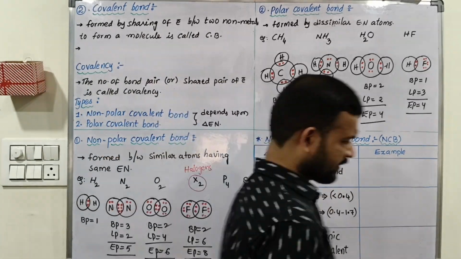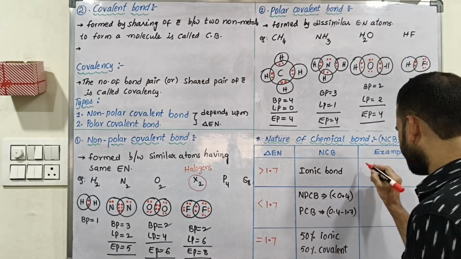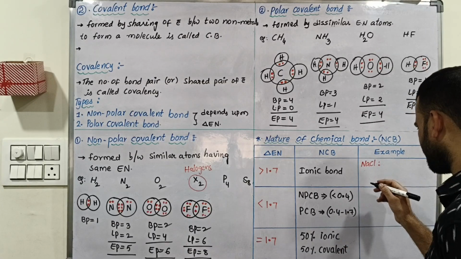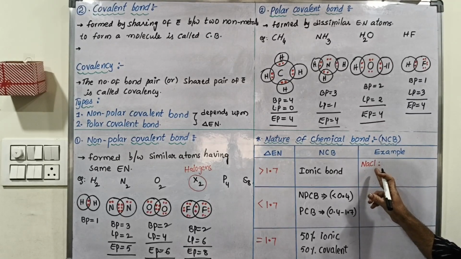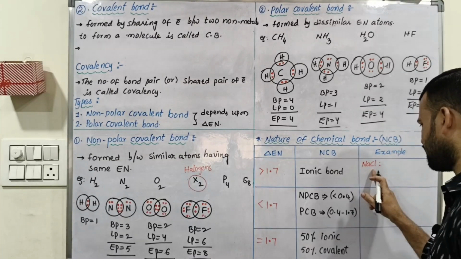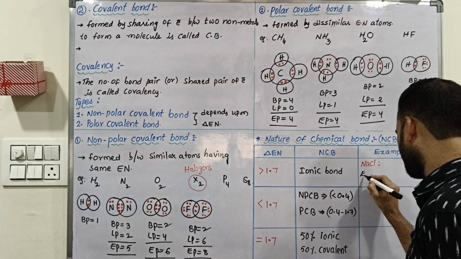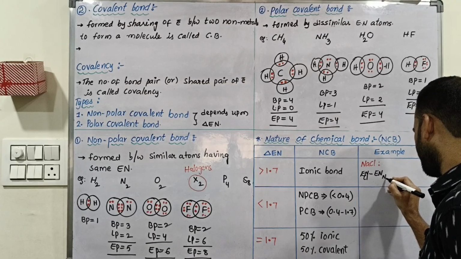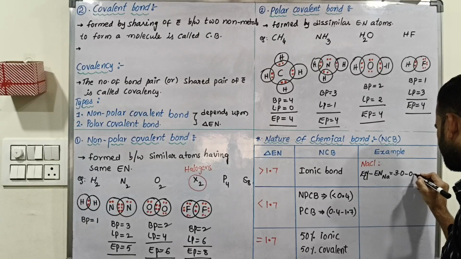Okay, here examples, now we'll see. Sodium chloride. Difference in electronegativity is the modulus of the electronegativity of the higher element minus the lower element. Here the electronegativity of chlorine we know is 3, so that is chlorine 3 minus sodium 0.9.